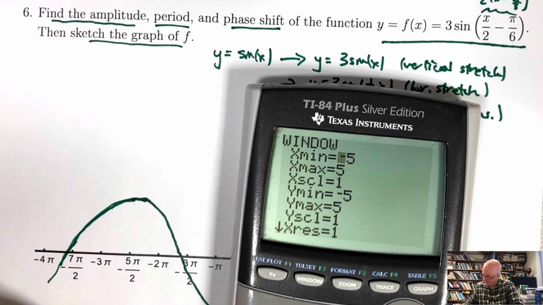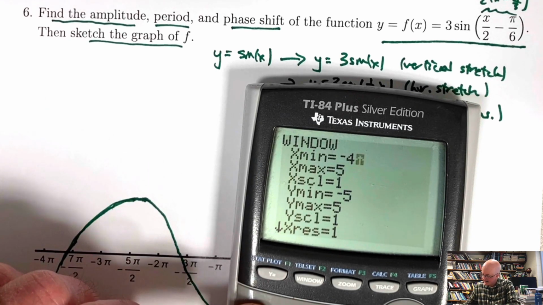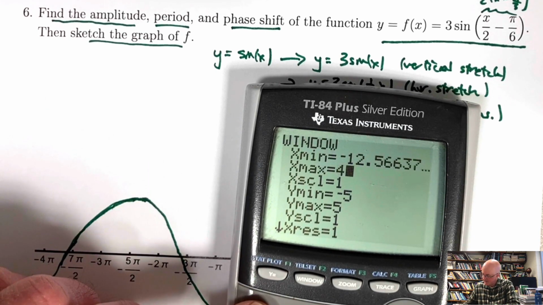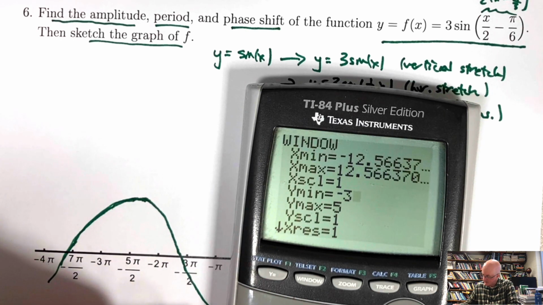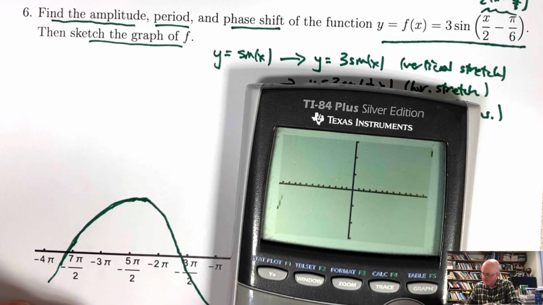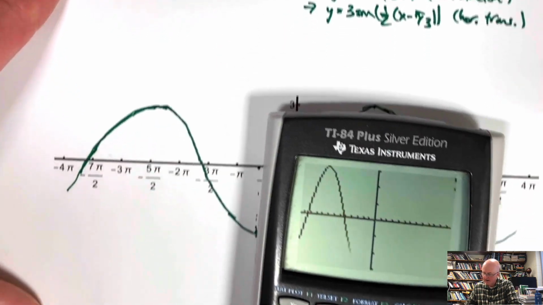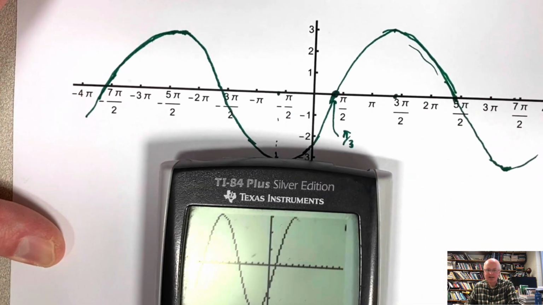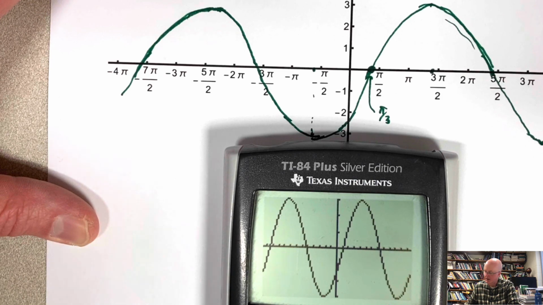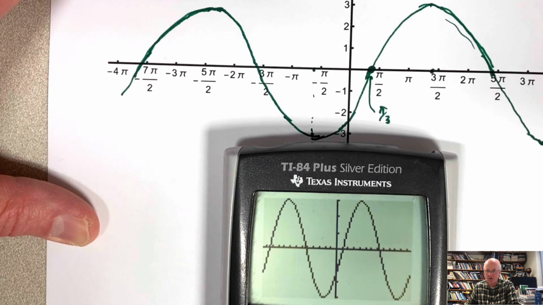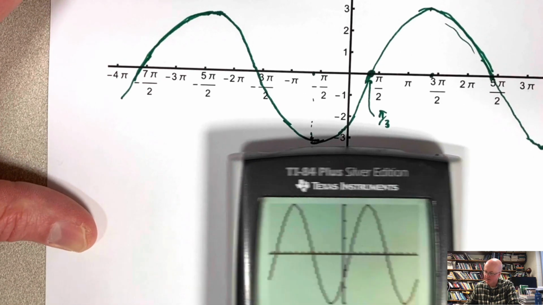I'm going to go from negative 4 pi to positive 4 pi. Let y go from negative 3 to 3. Let's see if we did a decent job here. Compare these two graphs. The scales are different, obviously. Yeah, it looks like we didn't do too bad of a job. That looks like a pretty good graph by hand in that amount of time.